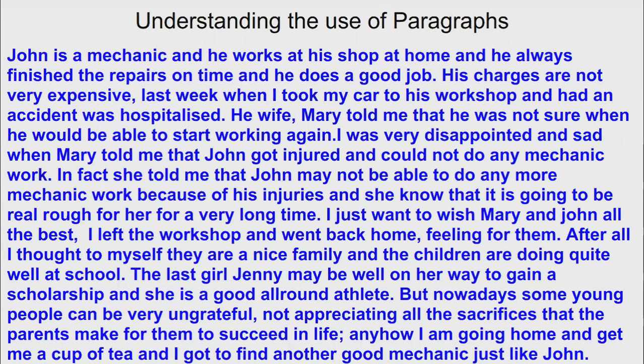I would simply say last week, I took my car to his workshop, full stop. I say it again. Last week, I took my car to his workshop. That is a complete sentence. You can say, I was told that he had an accident and was hospitalized, full stop.